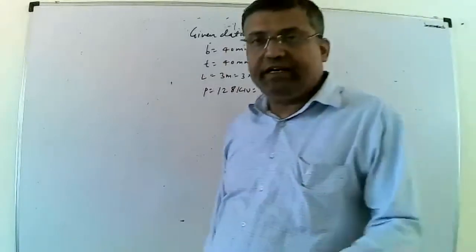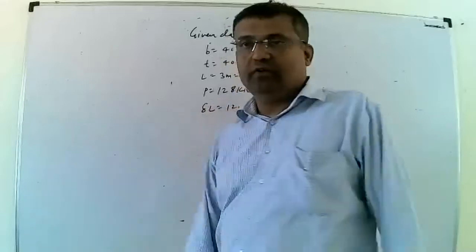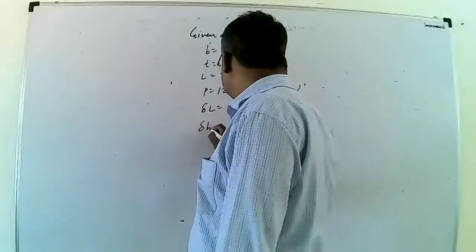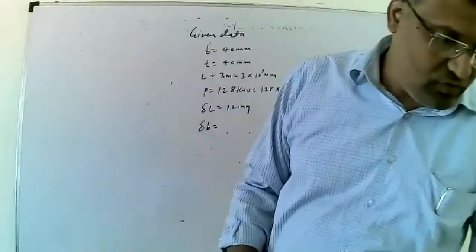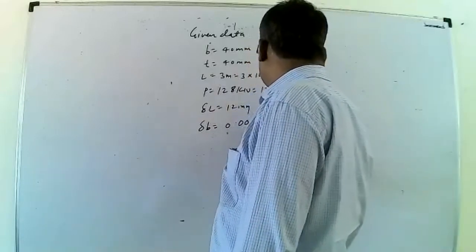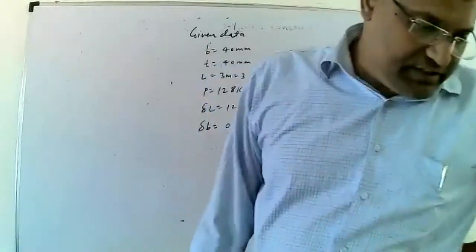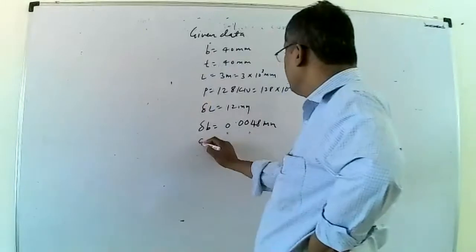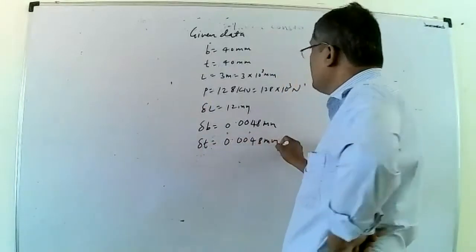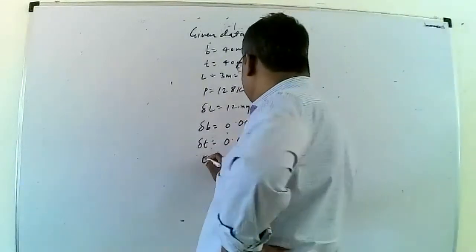Then change in length, delta L, is given as 1.2 mm. Then change in width, delta B, is given as 0.0048. Then change in thickness, delta T, is the same, 0.0048. Then we find the modulus of elasticity.